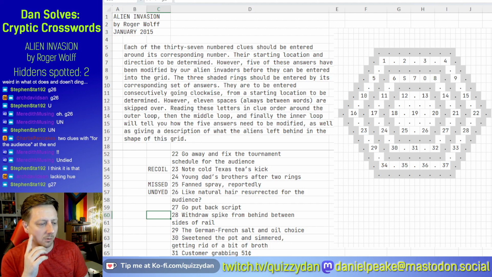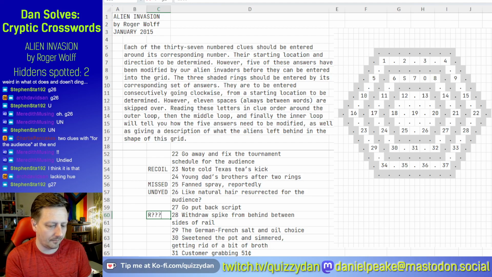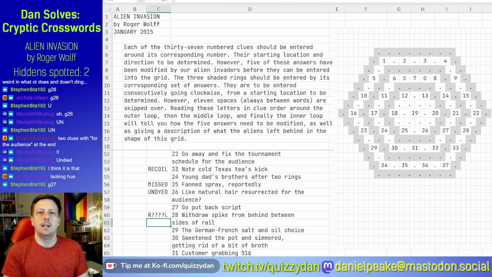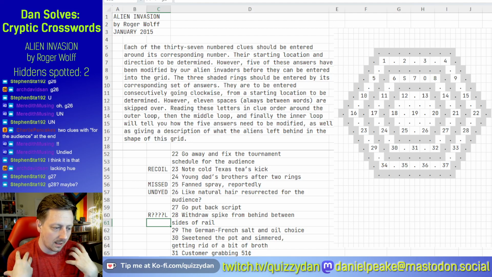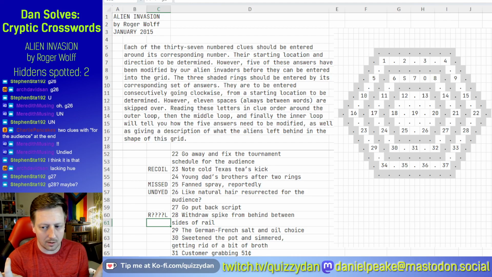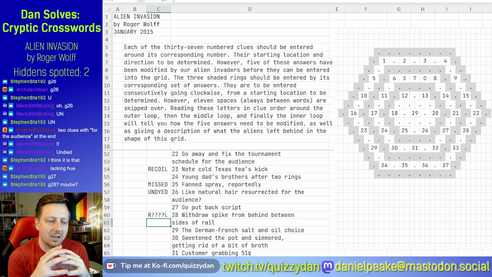Don't think it is recoil, but it's very close to it. Spike. All I'm thinking of is Spike Lee at the moment. But that would have a capital S, I guess.